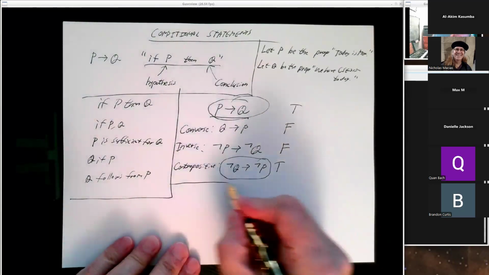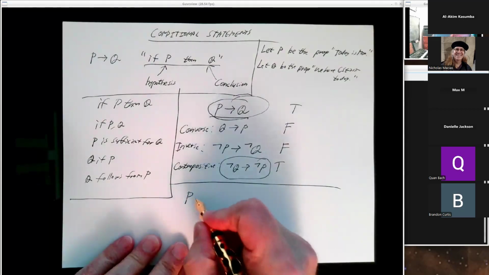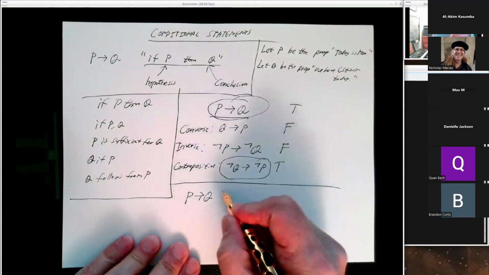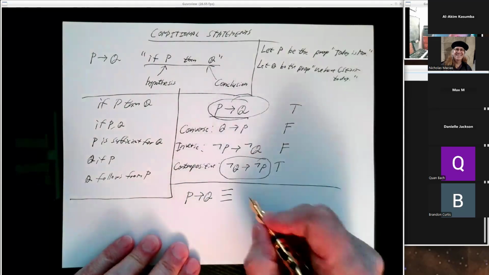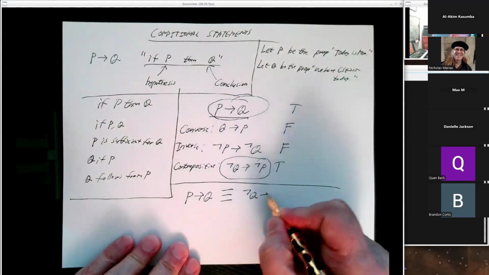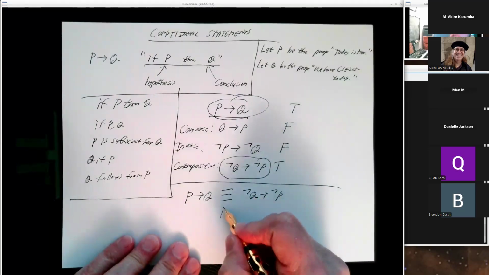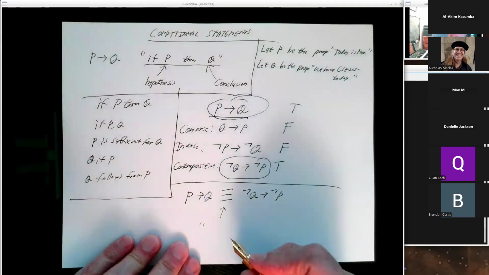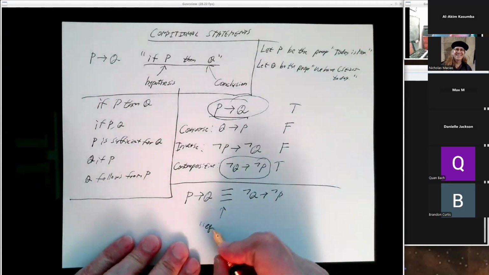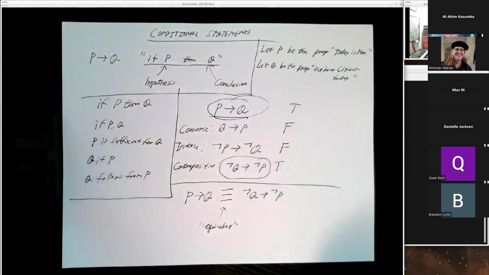So I'm going to write a statement here. I'm going to write a triple equal sign. And this is a symbol for equivalent. Two propositions are equivalent if they always have the same truth value.